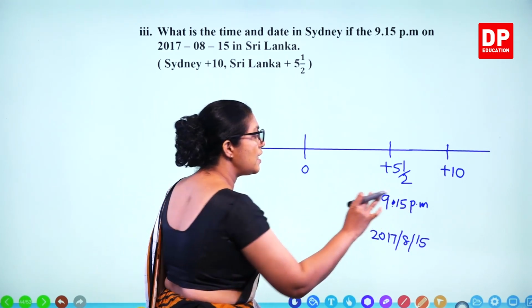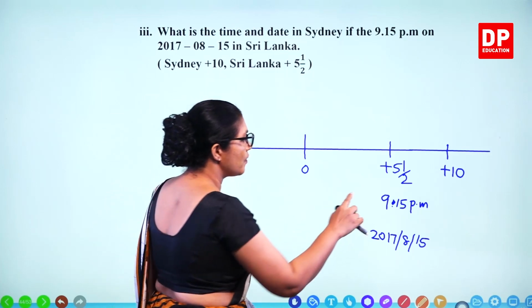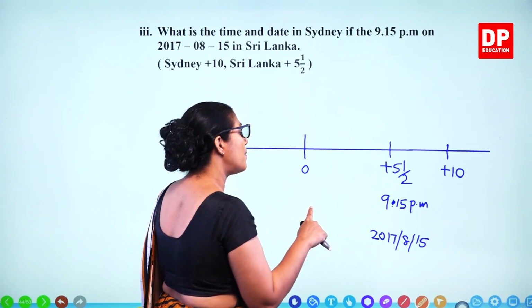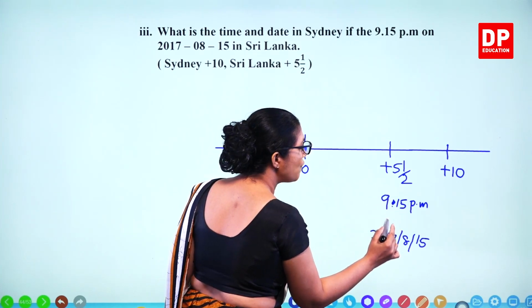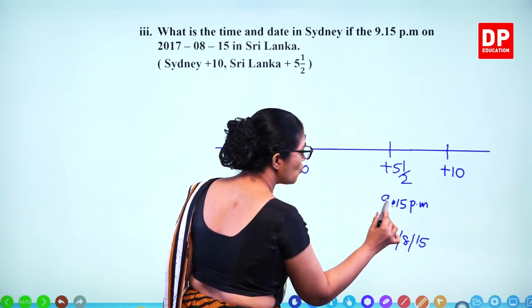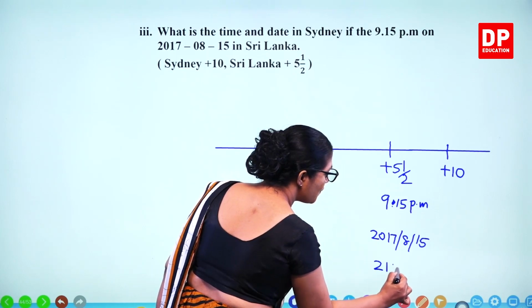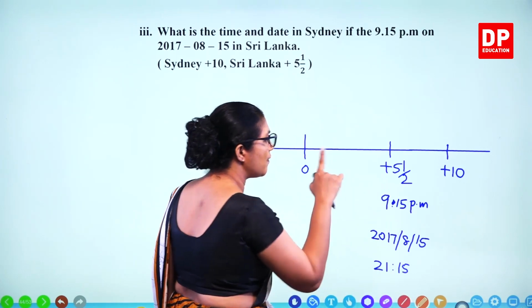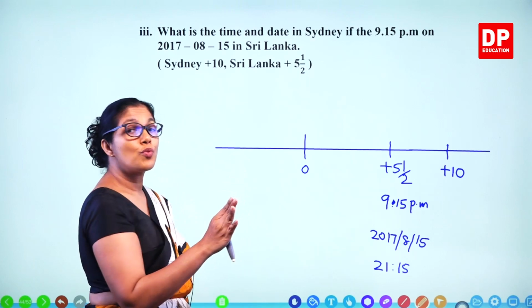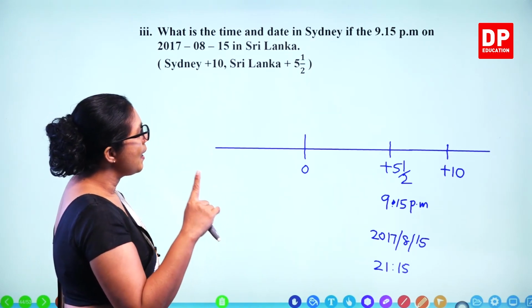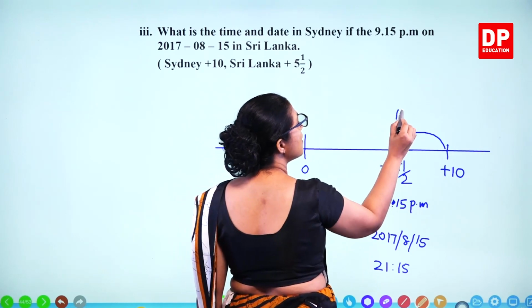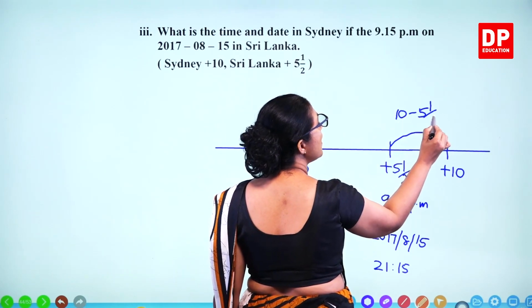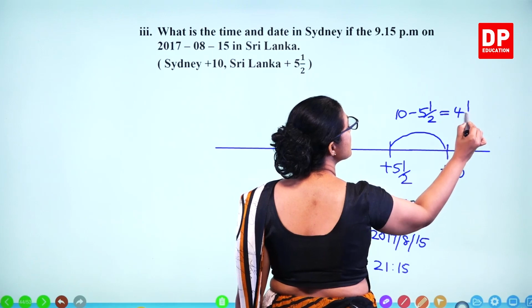Okay, so 9:15 in standard form. What is that? 9 plus 12, 21:15. We added 12. This is PM, means after 12 noon. Then what is the difference here? 10 and 5.5, that's 4.5 hours difference.